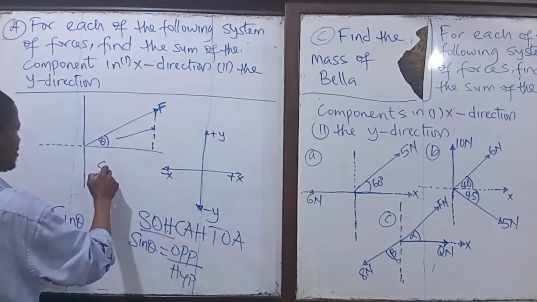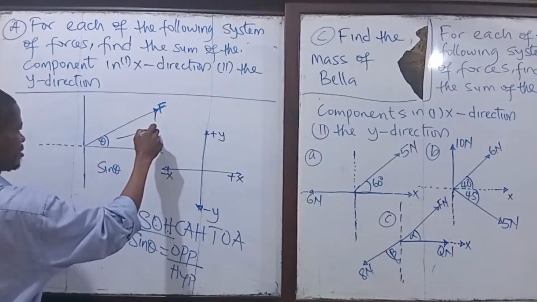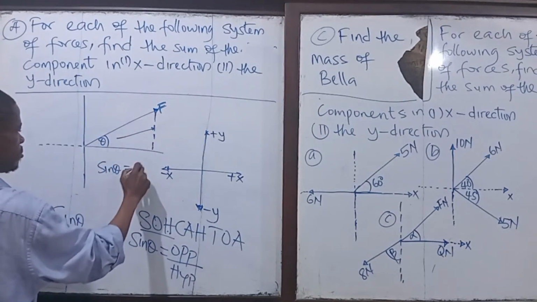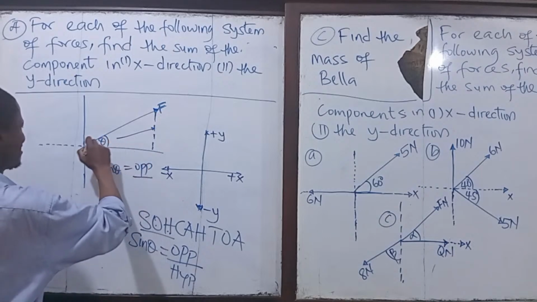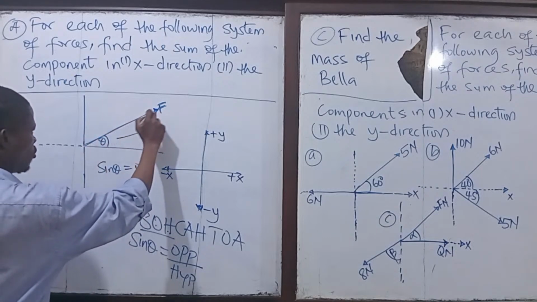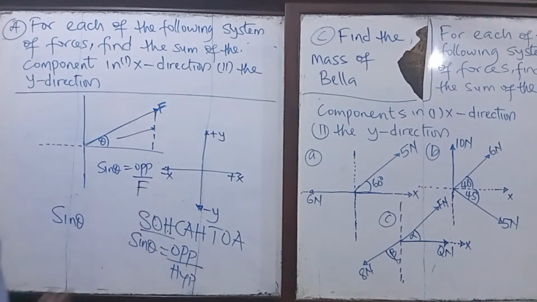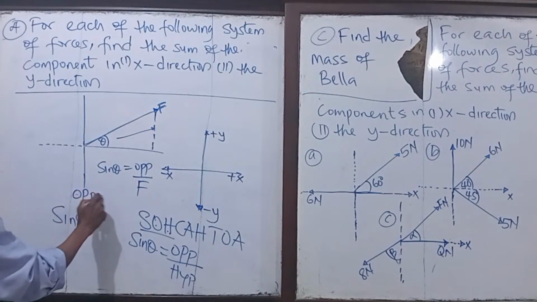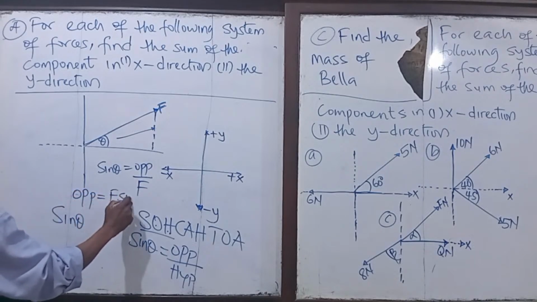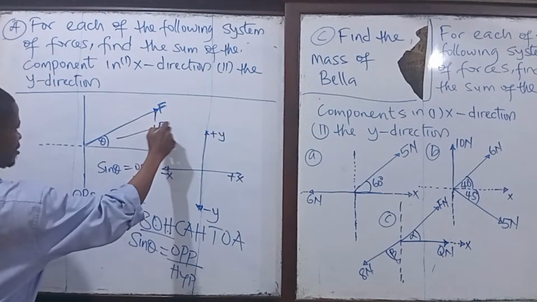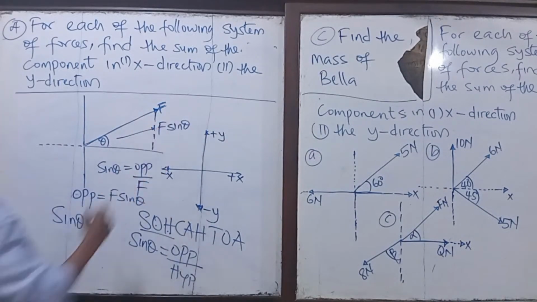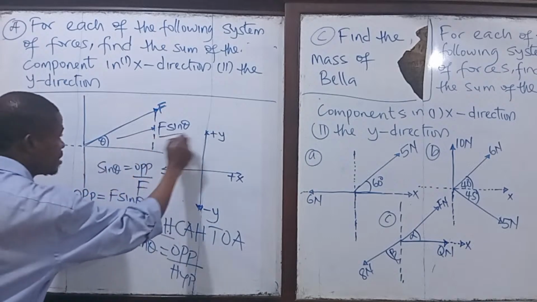The hypotenuse is the vector F. Make the opposite the subject, so the opposite will be equal to F sine theta. When you resolve along the vertical, it's going to give you F sine theta.